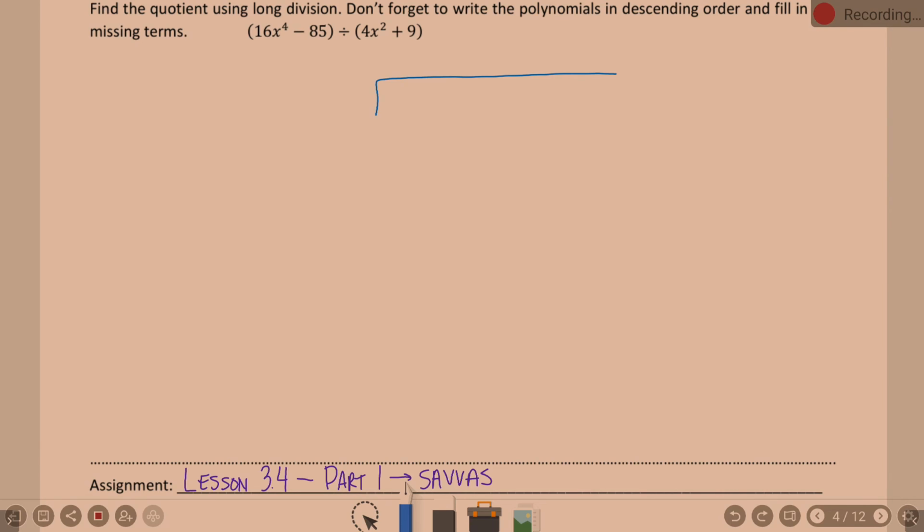Okay, so in the box: 16x to the fourth minus 85. What needs to come after that? 0x to the third. Okay, we need some zeros in here. After a fourth, there should be a third, so 0x to the third.